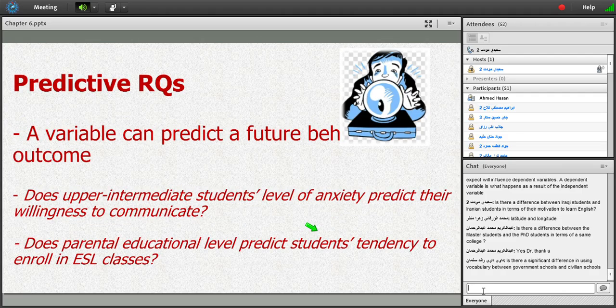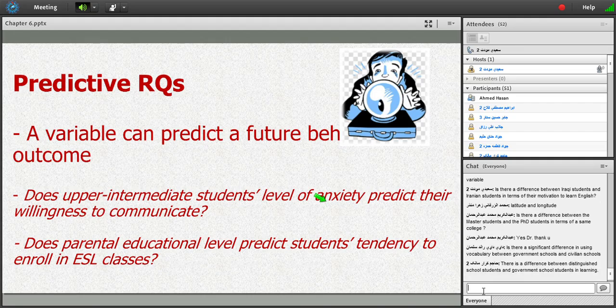Good. So let's move to predictive research questions. Sometimes we want to see whether a variable can predict a future behavior or outcome of something. For example, does upper intermediate students' level of anxiety predict their willingness to communicate in the class?